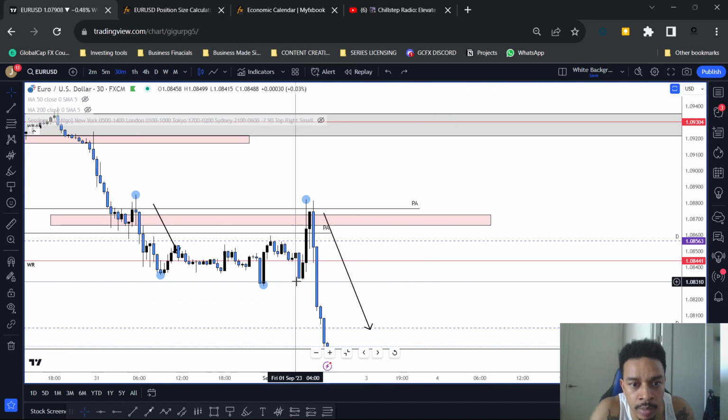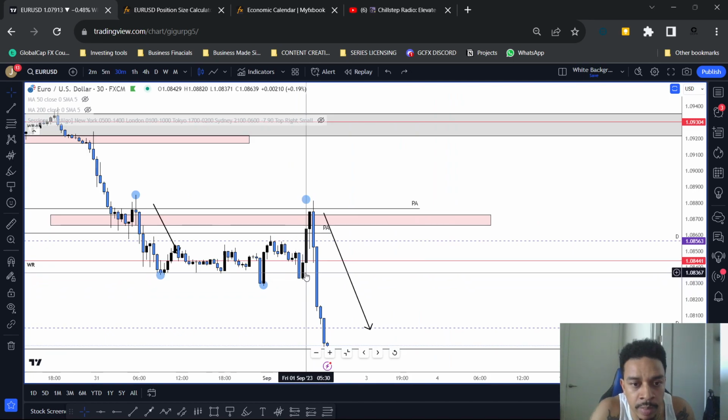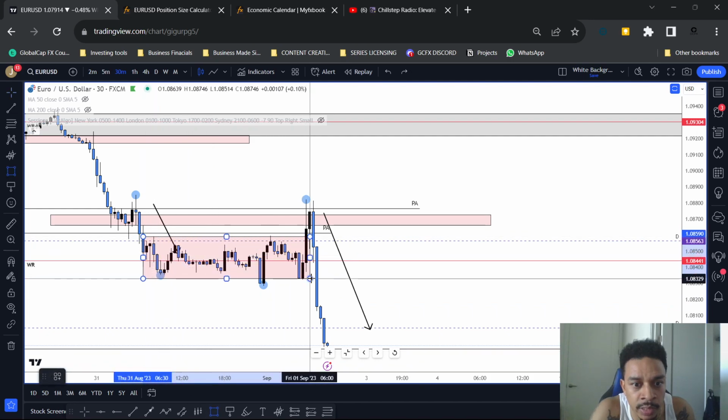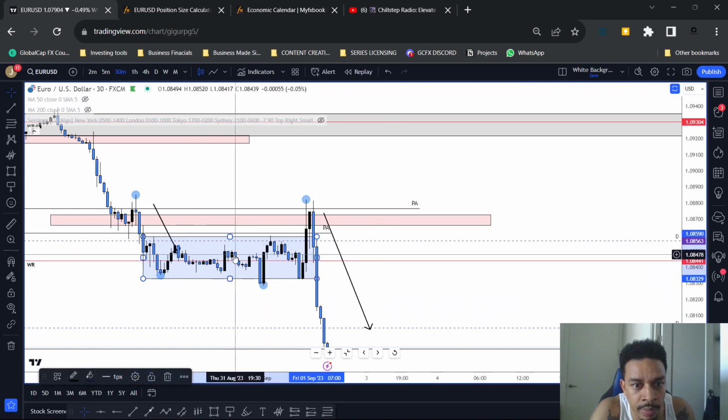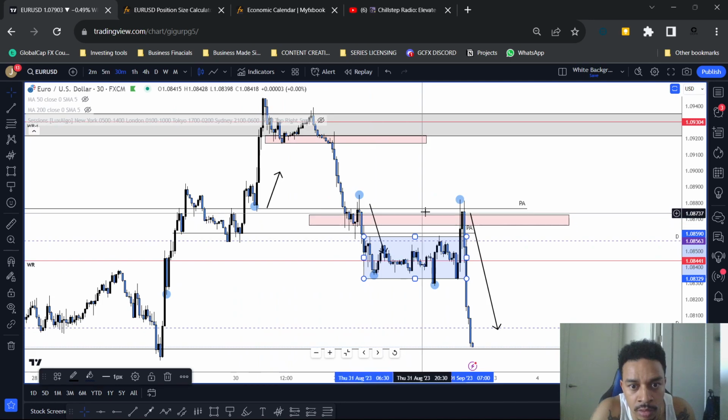I wasn't quite up yet, but price decided to make an impulsive move up outside of this range that we had here, creating a reaction to the problem that we had. So we're not trading inside of this problem here. We're going to wait for it to react first so that we can locate the solution.